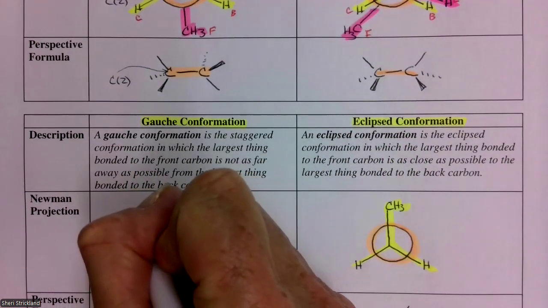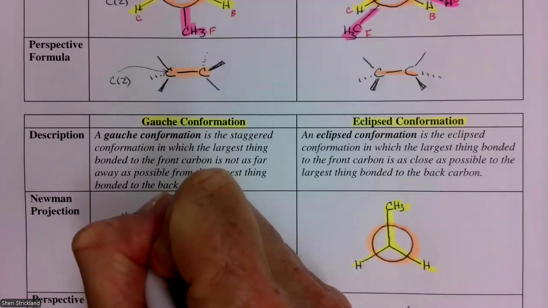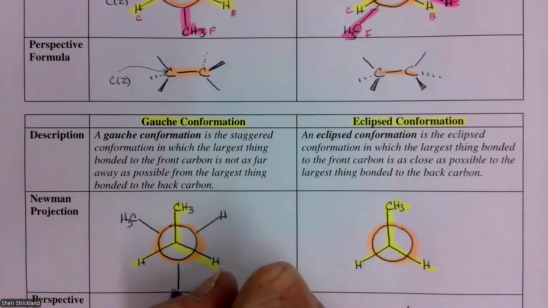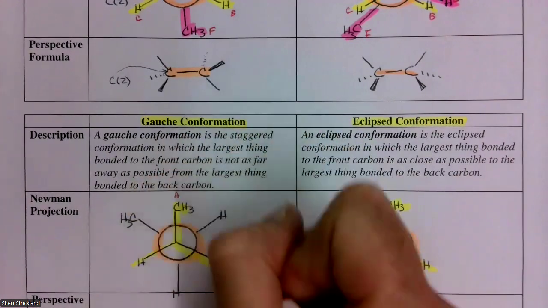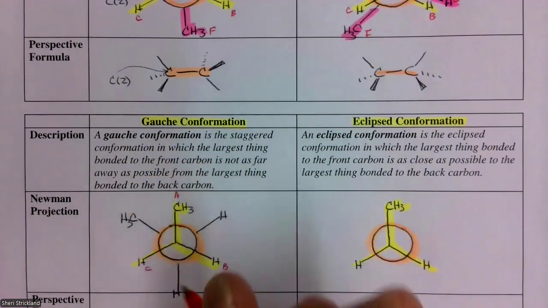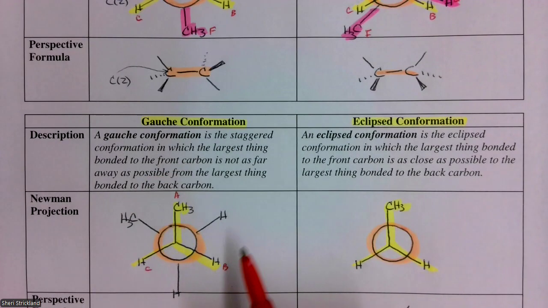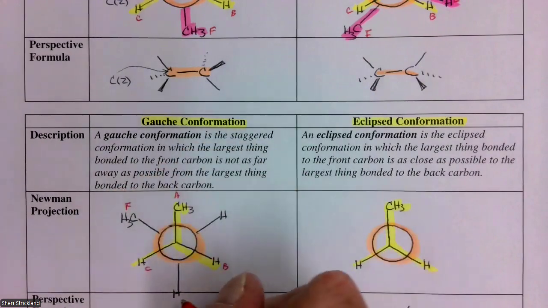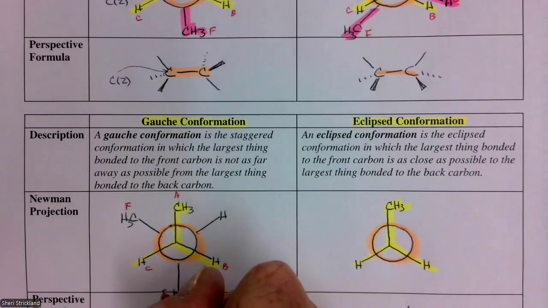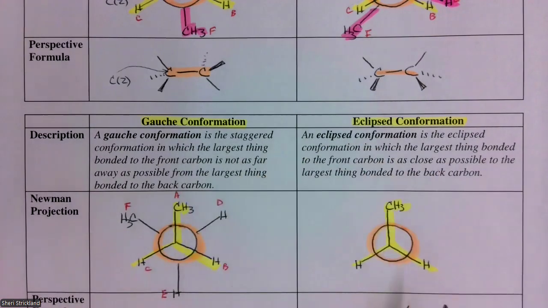So the methyl group is here. The other 2 are hydrogens, the way we've done them. And so we stick with our A, B, and C. Then the methyl group is F. This guy is E. And this guy is D.